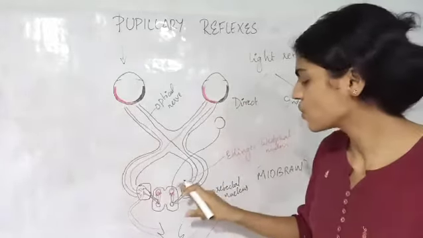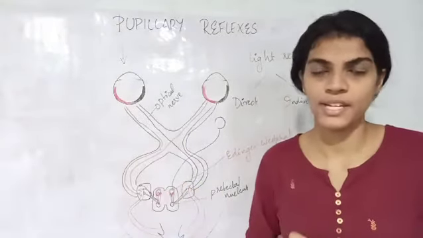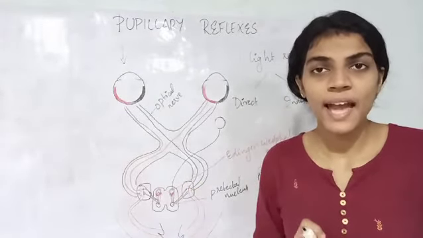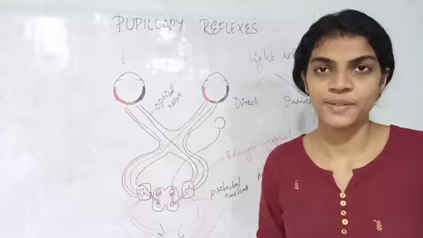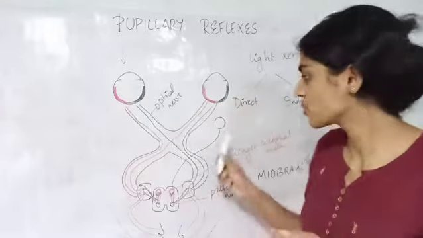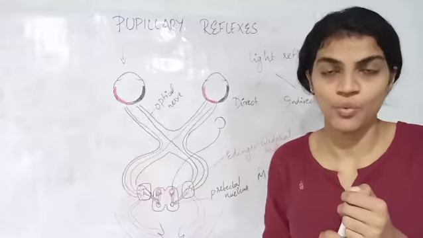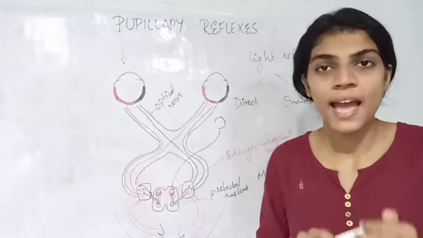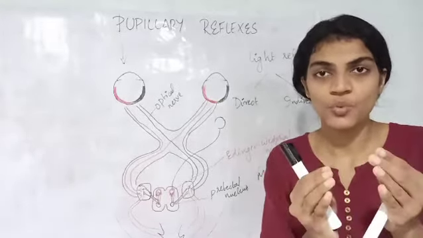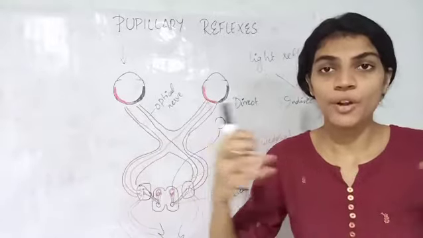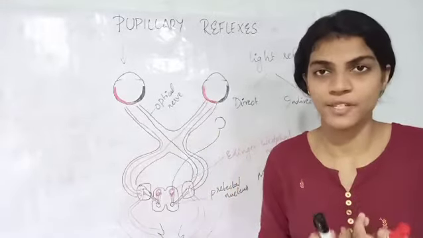Okay, so from the Edinger-Westphal nucleus, the preganglionic nerve fibers move to the ciliary ganglion. What is ciliary ganglion? What is a ganglion? A ganglion is the site at which many neurons will synapse.